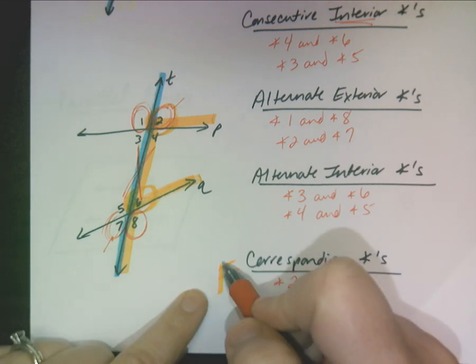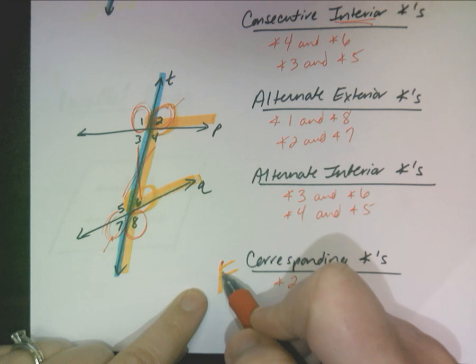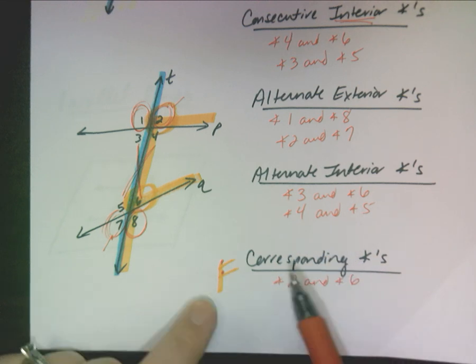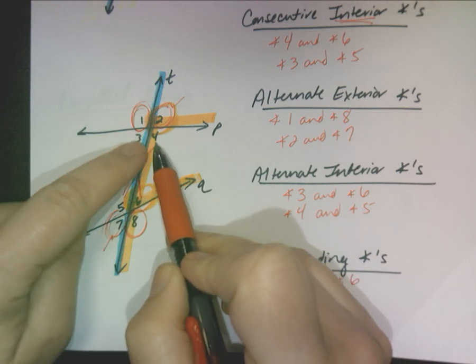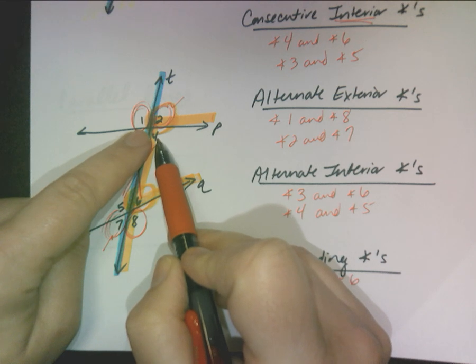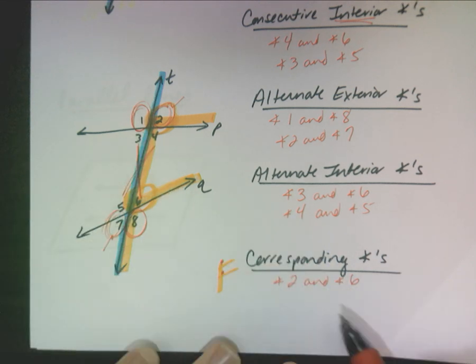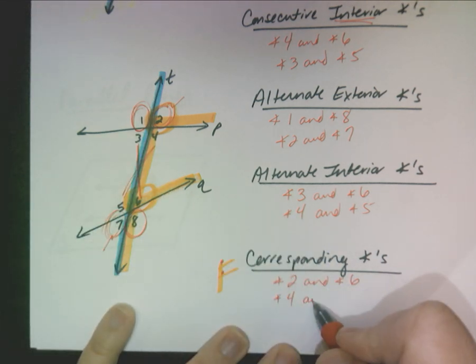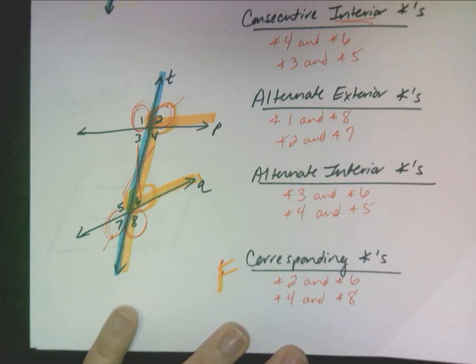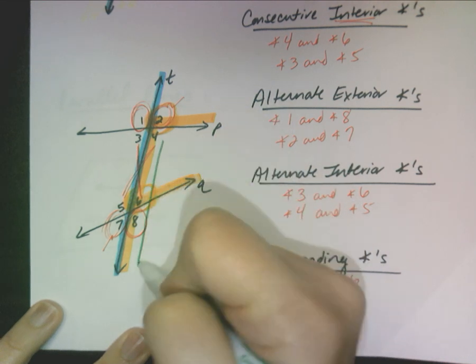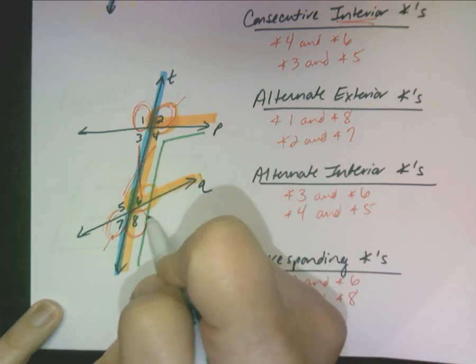So on the part above the F, that angle and that angle right there, and then actually the ones underneath it, the 4 would correspond with the 8. 4 and 8 also make the F. So meaning I could go like this. 4, 8.